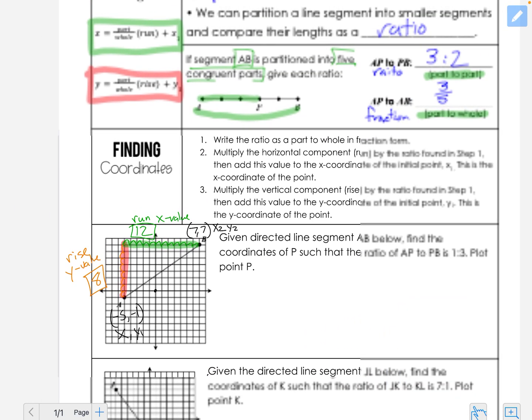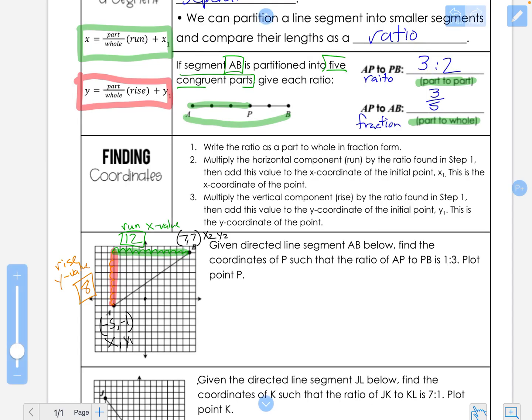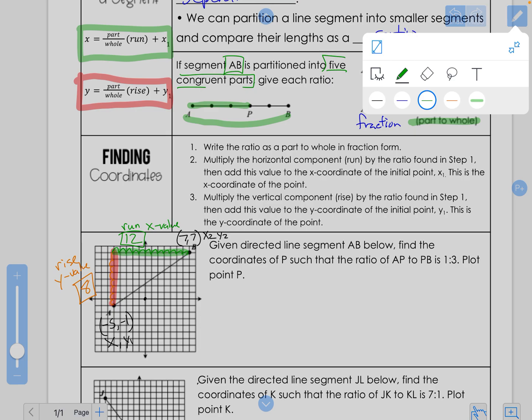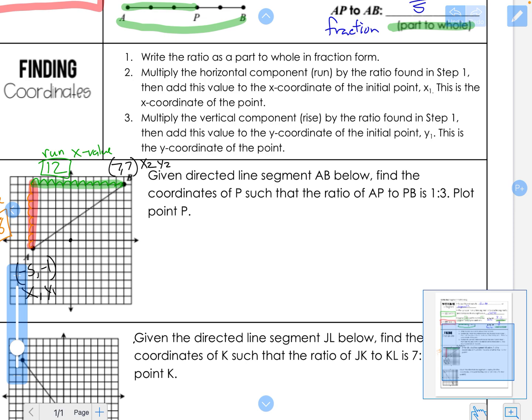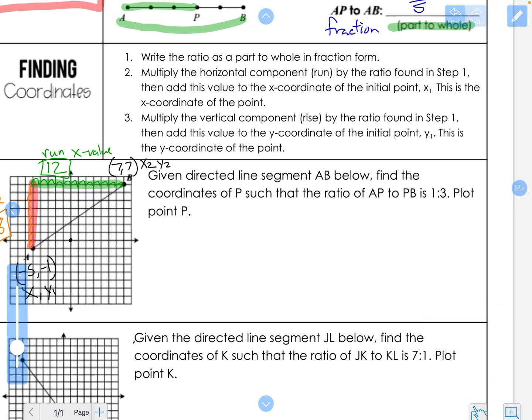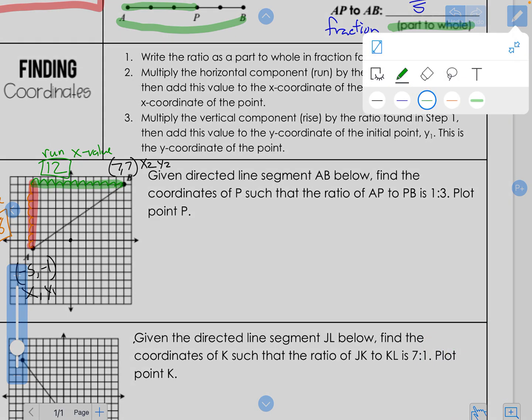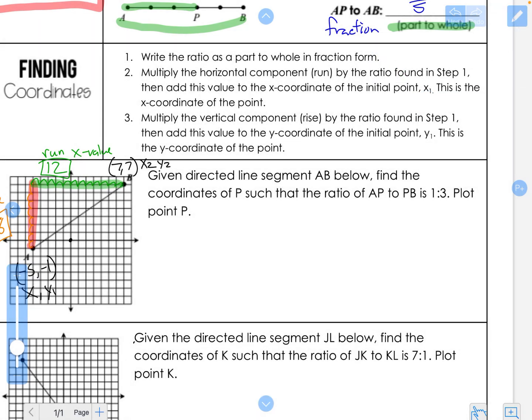Now we're going to go back and look at those 2 formulas that I highlighted at the top. But we need to do one more thing first: we actually need to read the question. They gave us A, B below. We need to find the coordinates of P such that the ratio of AP to PB. Because P is repeated twice, I know that this is part to part.